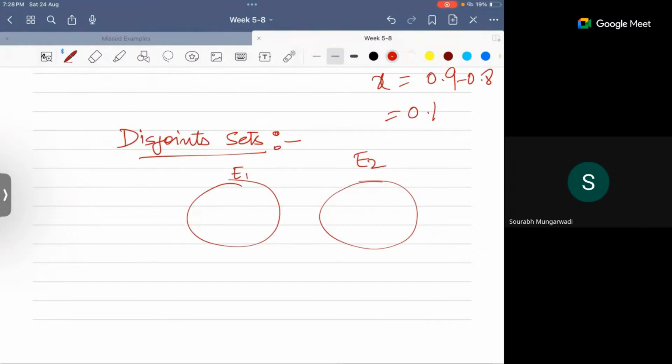Two or more events are said to be disjoint if they have nothing in common, no intersection between them. So E1 intersection E2 is phi. Then you can directly say they are disjoint, or mutually exclusive. A disjoint set is also called mutually exclusive. Is this clear?